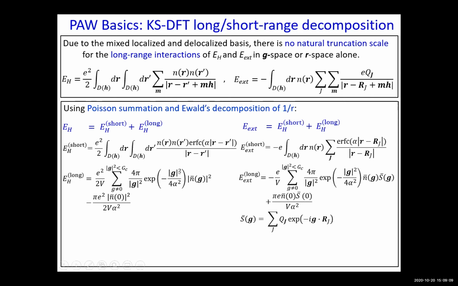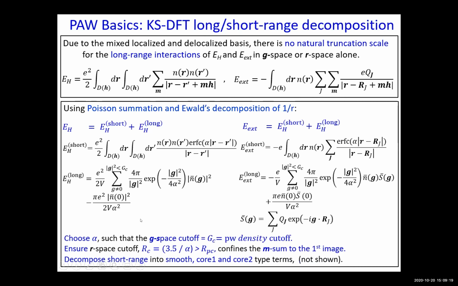We can take the long-range part into reciprocal space, and all these terms can now be evaluated with error control based on one parameter alpha, which is simply the splitting of 1 over R into a long-range bit and a short-range bit. So this was left out of Blöchl's original formalism, and you didn't have the accuracy control you would really like.